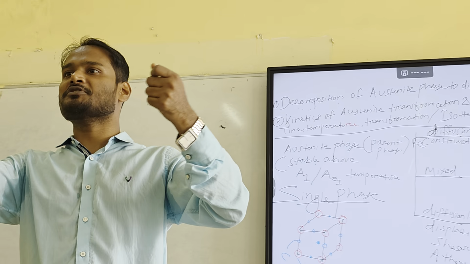It will break down into either pearlite or bainite or martensite. You got the point? So you need to make the austenite unstable. How can it be done? Just bring the steel below A1. But if it is hypoeutectoid steel, then you need to bring it below A3, and for hypereutectoid steel, you need to bring it below ACM. Then it will become unstable and transformation will start.